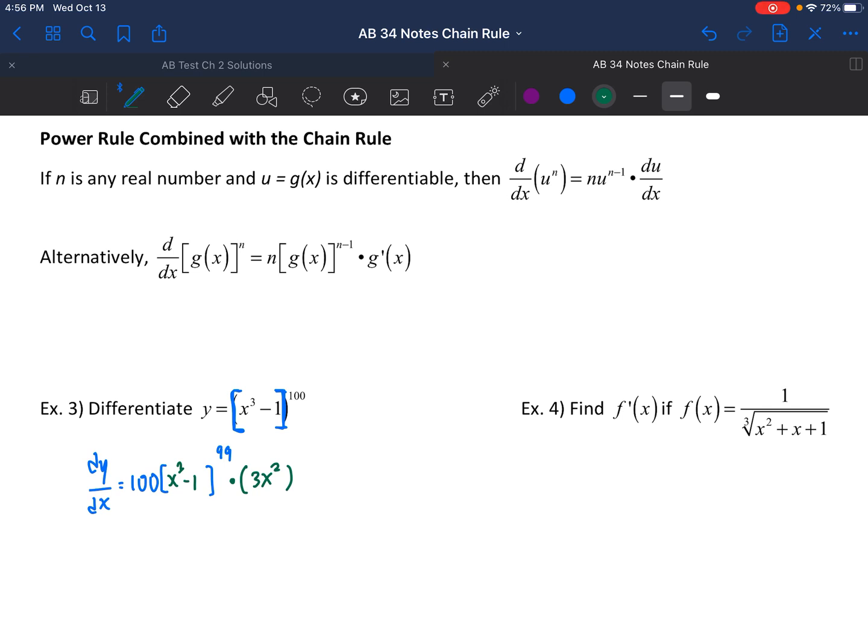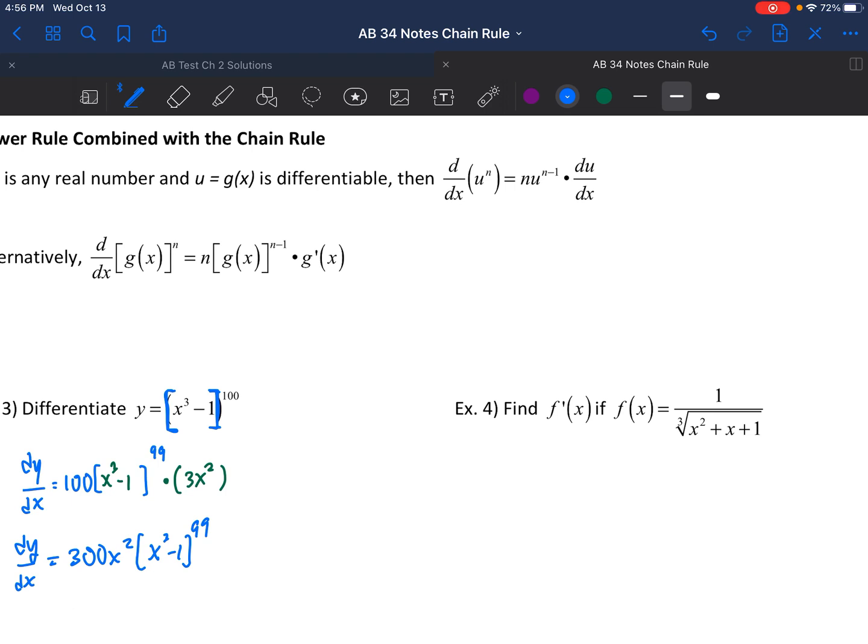Derivative of minus 1 is 0. Neatening things together, we've got dy dx. That's going to be 300 x squared multiplied by x cubed minus 1 to the 99. Derivative of the outside multiplied by the derivative of the inside.